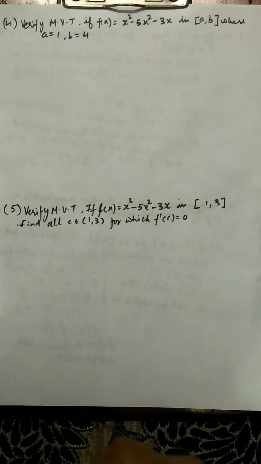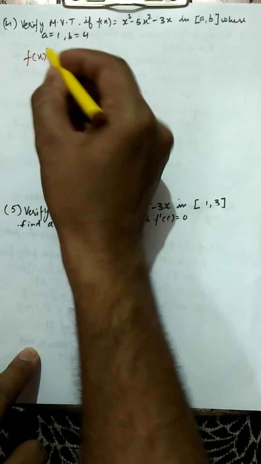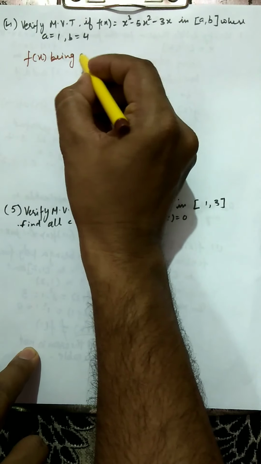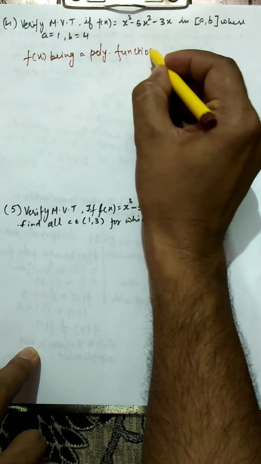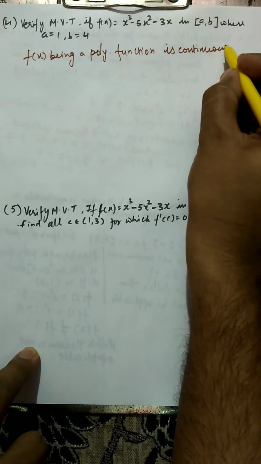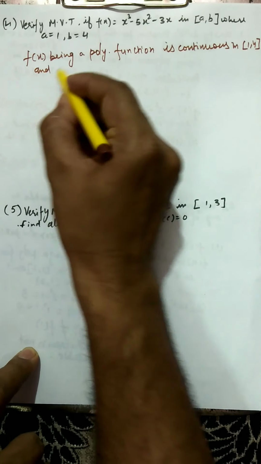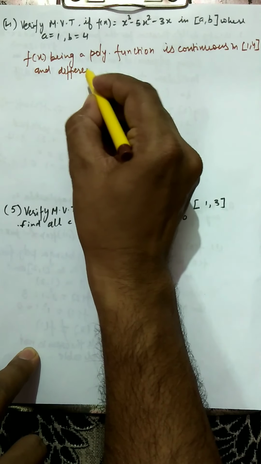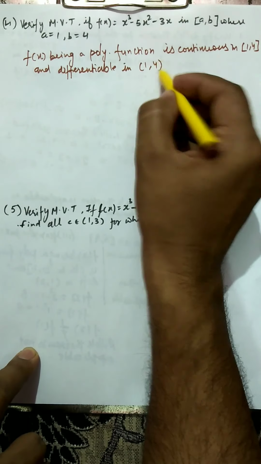Now see question number 4: verify the mean value theorem if f(x) = x³ − 5x² − 3x. We can see f(x), being a polynomial function, is continuous in [1, 4] and differentiable in (1, 4).